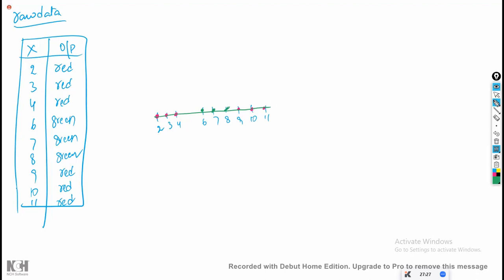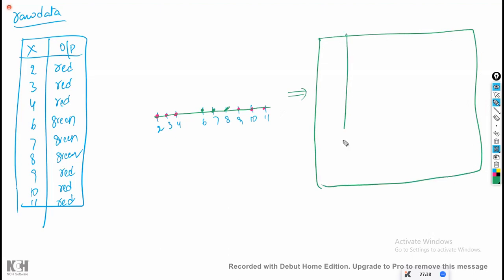Now, this one, I'm going to convert in such a way that, whatever the x is there, that is the original data set, your x, that is 2, 3, 4, 5, 6, 7, 8, 9, 10, 11.